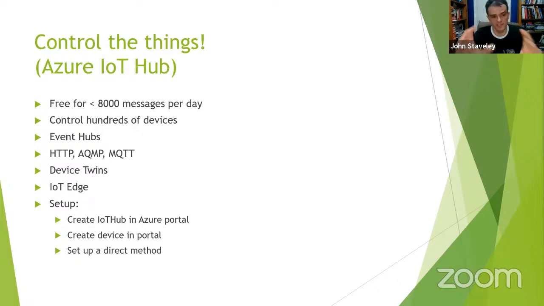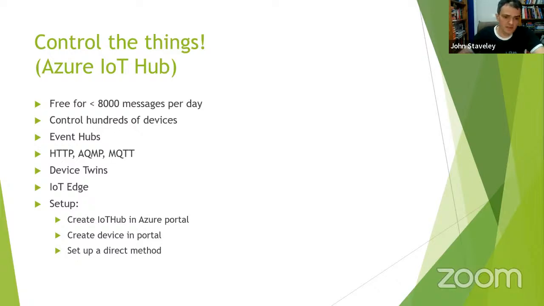So you send it a JSON file, and then the code on the Raspberry Pi can be configured to respond to a change in state of the device twin, so it can set itself up differently. And edge modules. So you can run Docker on a Raspberry Pi and then set up modules, Docker containers, to do different things on that, including Azure Cognitive Services.